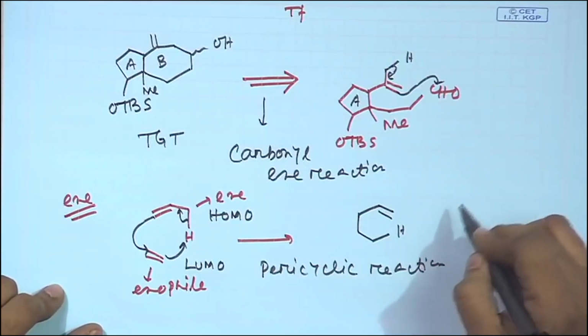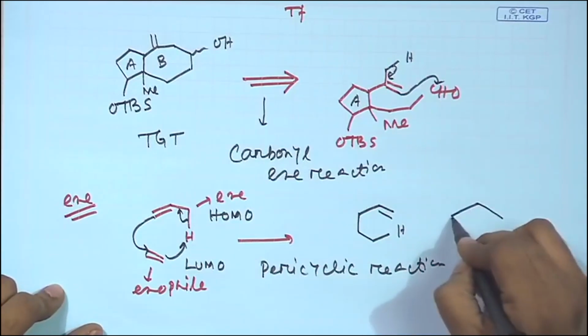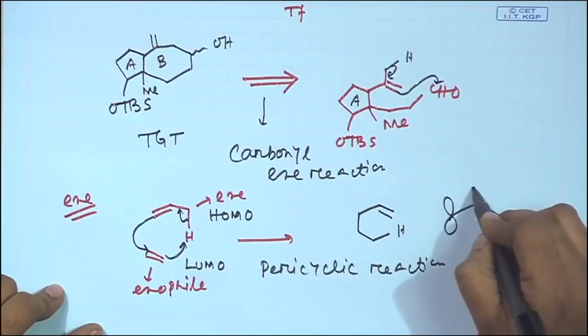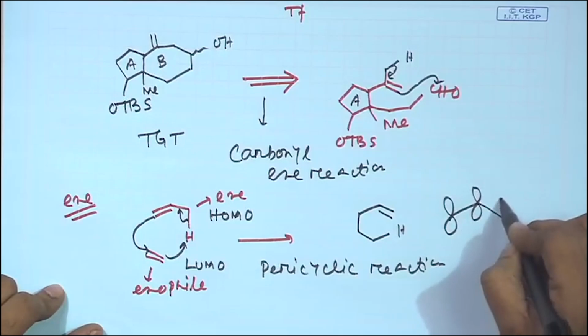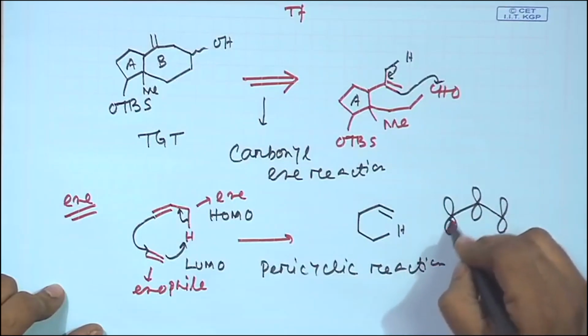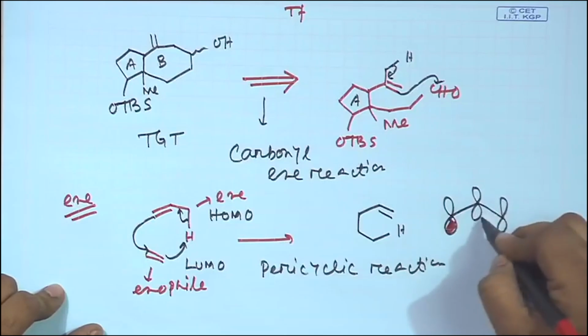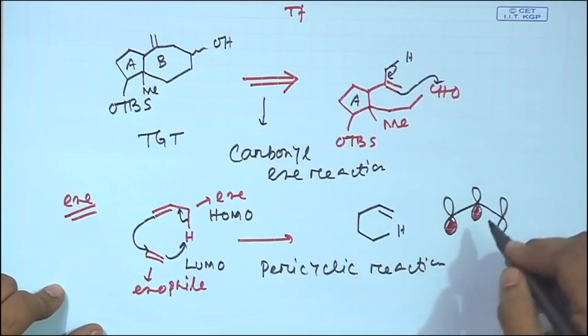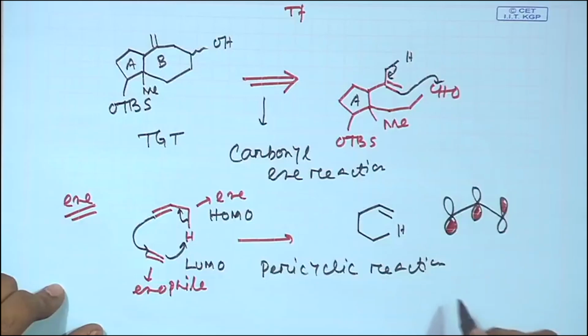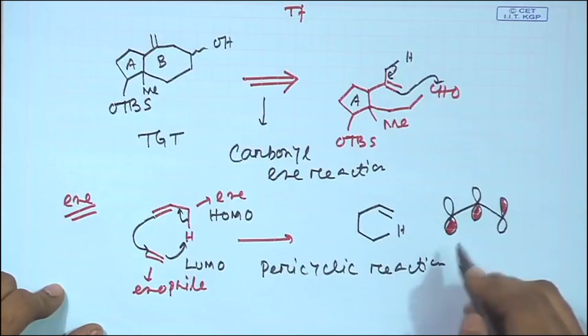So, probably we can now simplify this HOMO-LUMO drawing. If you are familiar with the HOMO-LUMO concept, you can draw the HOMO of this particular ene, and then the enophile, we draw its LUMO.